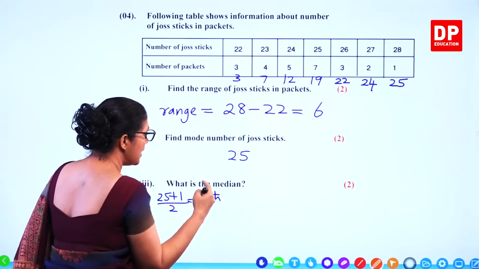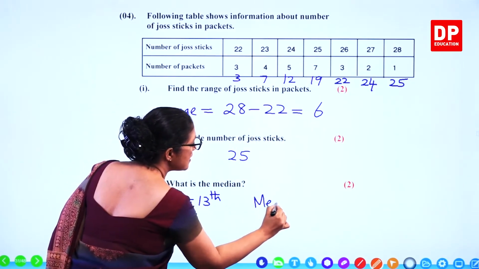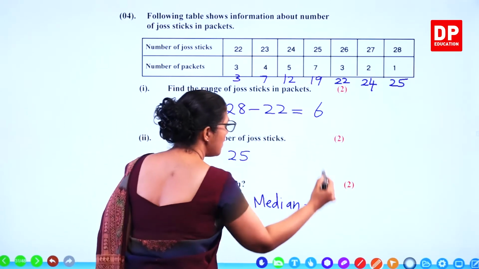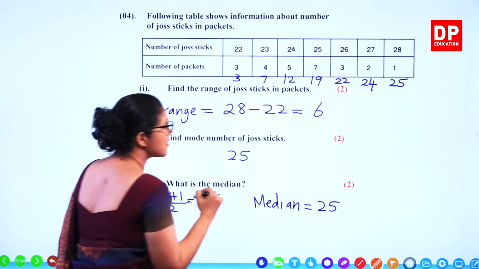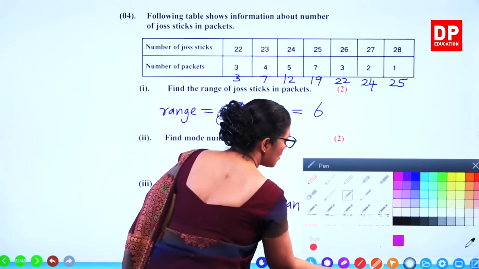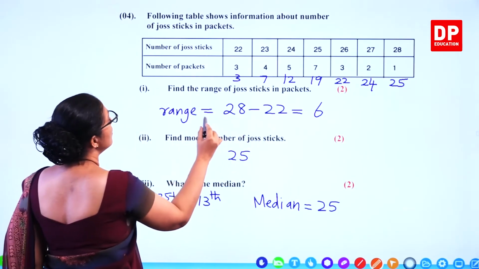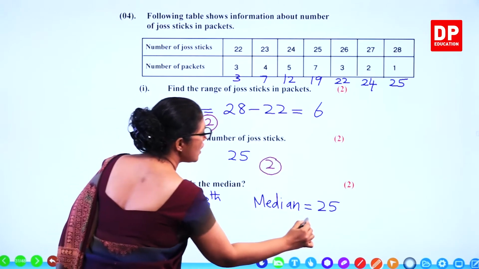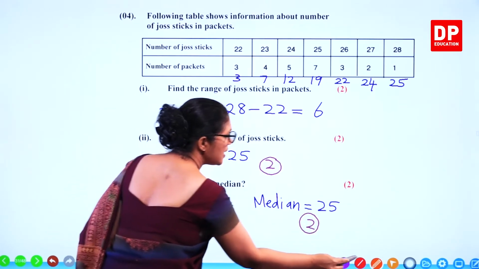So what's the median? Median is 25 then. 25 joysticks. So you get 2 marks for finding range, 2 marks for mode and 2 marks for finding median.